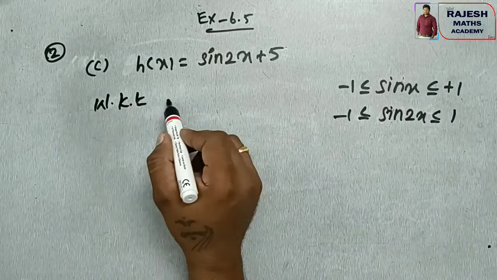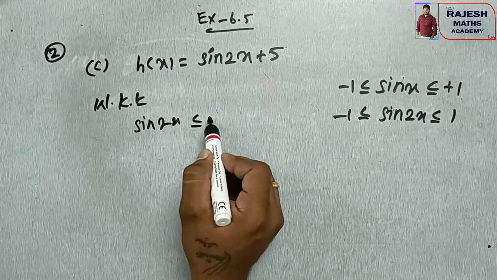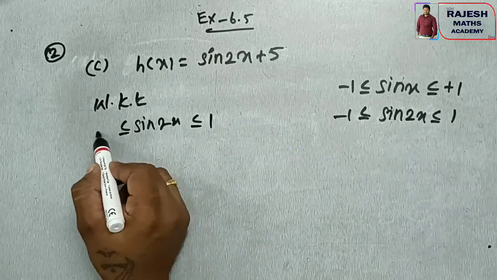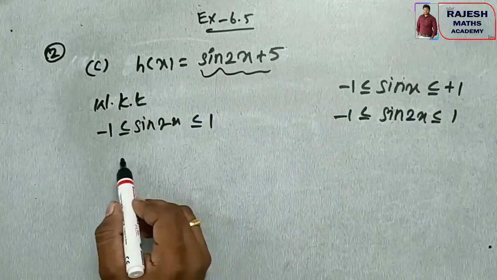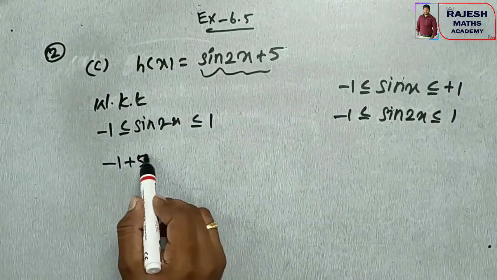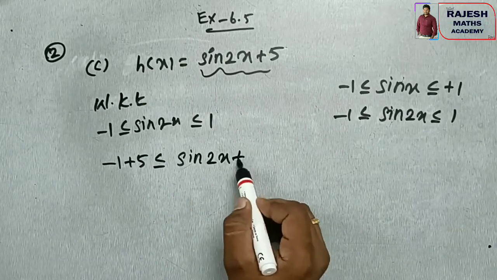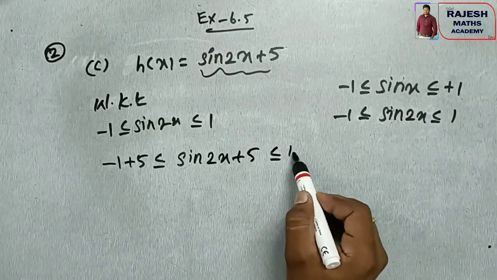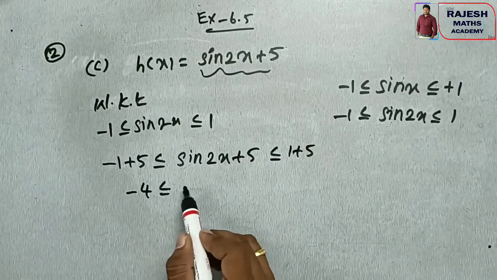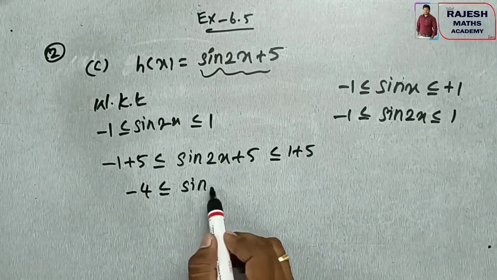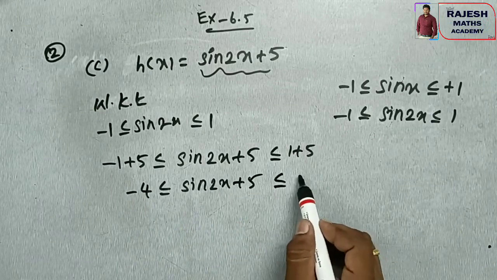We know that sine 2x is less than or equal to 1 and greater than or equal to minus 1. I need sine 2x plus 5, so I am adding 5 on both sides: minus 1 plus 5 is less than or equal to sine 2x plus 5, which is less than or equal to 1 plus 5. Simplifying, minus 4 is less than or equal to sine 2x plus 5, which is less than or equal to 6.